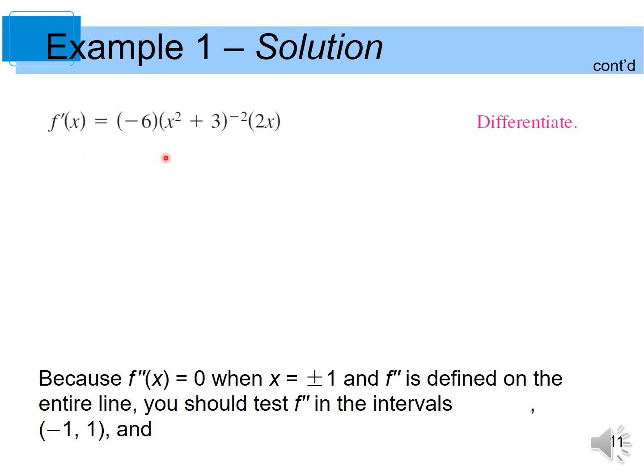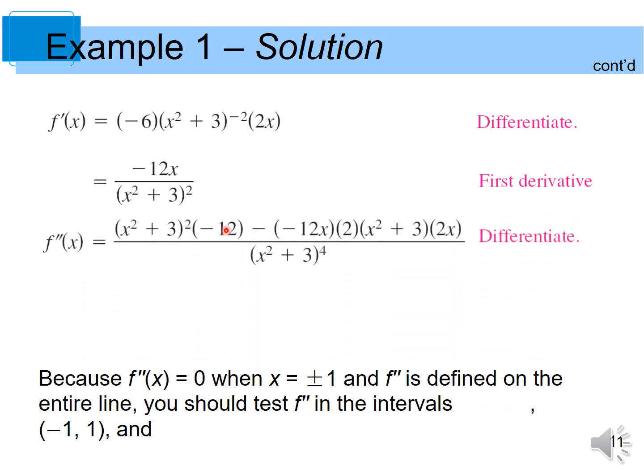We differentiate the original function by using the general power rule, and we obtain the first derivative function. The first derivative function is a rational function, so we use the quotient rule to get the second derivative function. In the quotient rule, we need to use the general power rule to differentiate the second function.